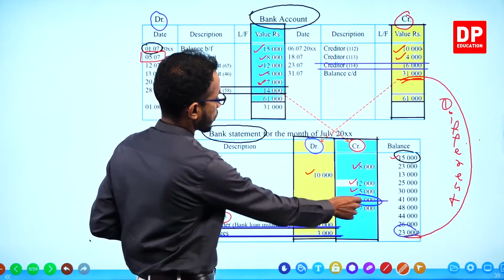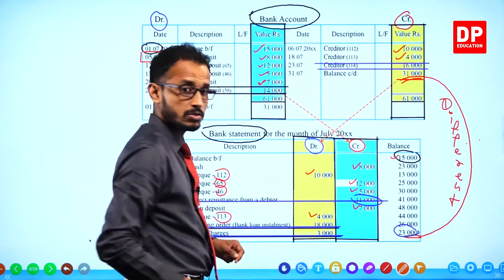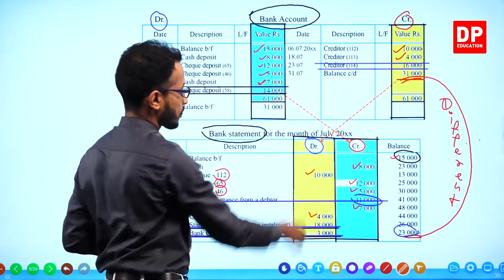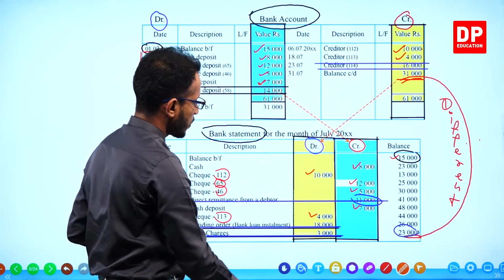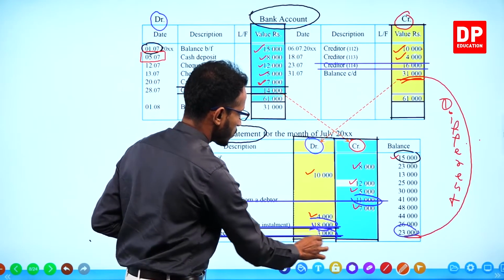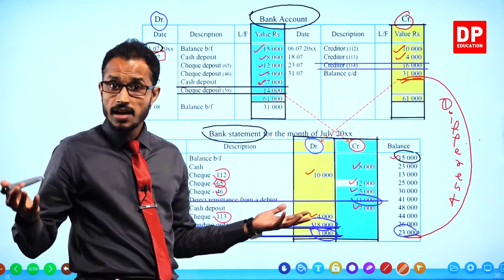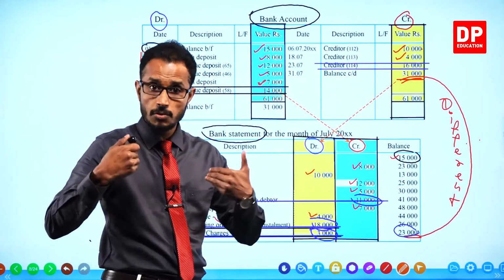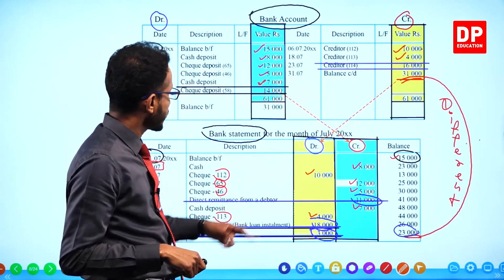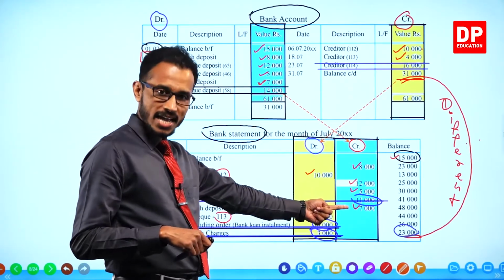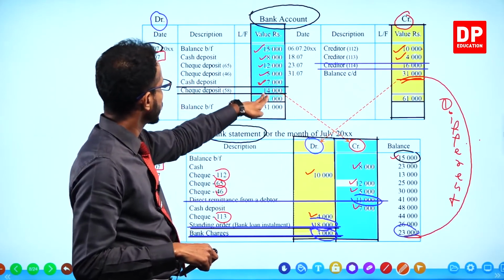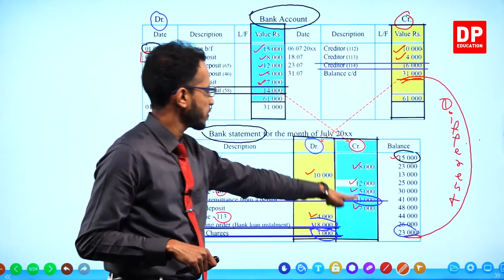Yeah, it should go to this side. And these items are missing in that side. There are items missing from our side, and there are items missing from the bank side too. See, these items are missing here.